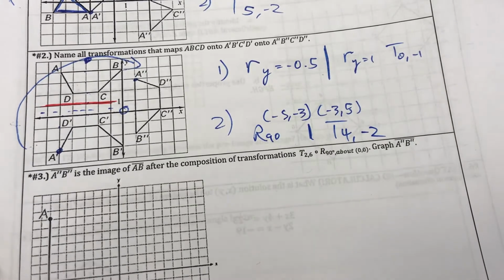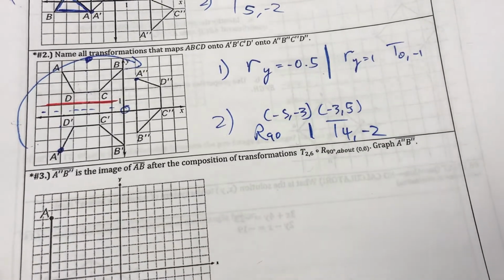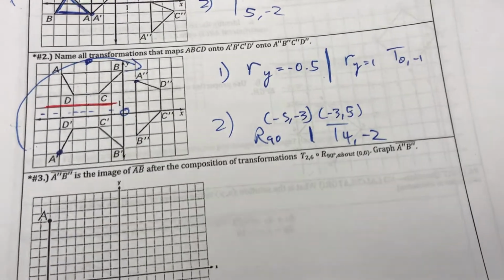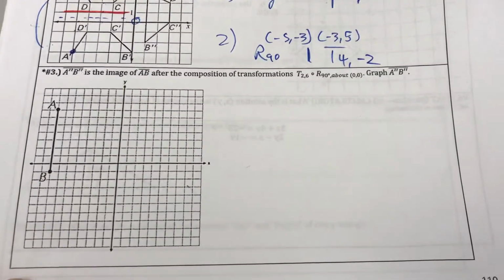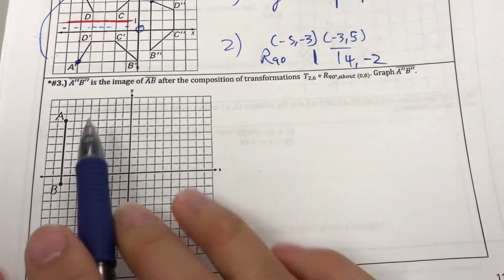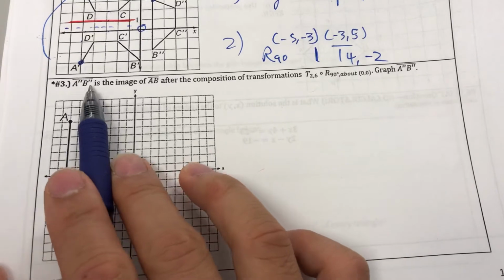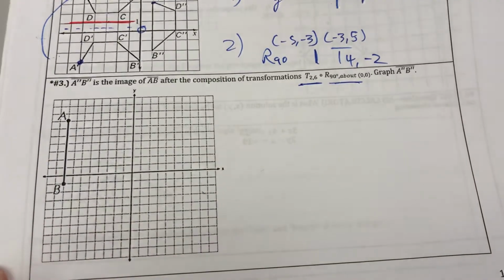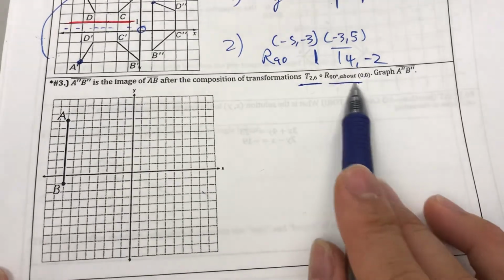So yeah, again, a little bit more complicated, but you only have 3 rules to play around with, so you have to think critically here, okay? This part is exactly what we did today, so you guys have to answer this yourself. A double prime and B double prime is the result of this composition: first translating by 6, and then rotating 90 degrees about 0, 0.